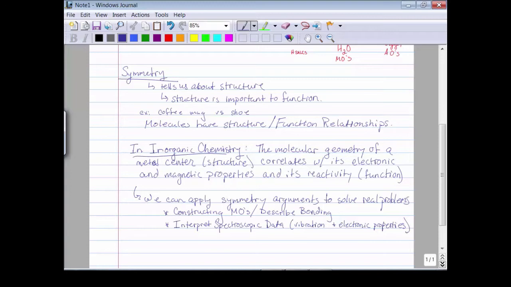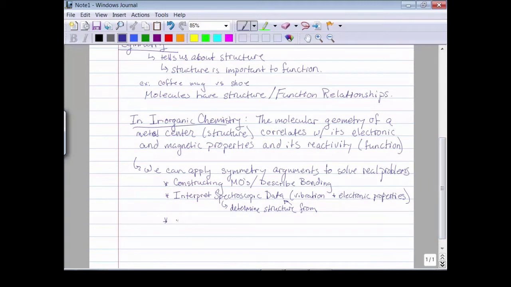Because the structure of the molecule defines its electronic properties, any kind of electronic absorption spectra, like UV-vis, can be interpreted using symmetry, as well as vibrational spectroscopy, which also depends on the shape of the molecule. So from spectroscopic data, you can also determine structure.